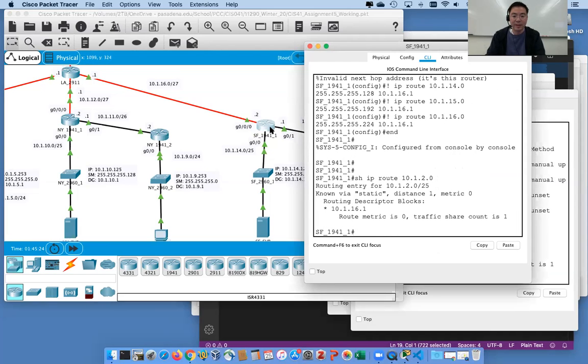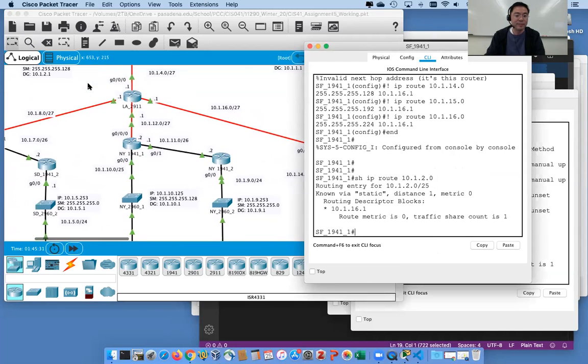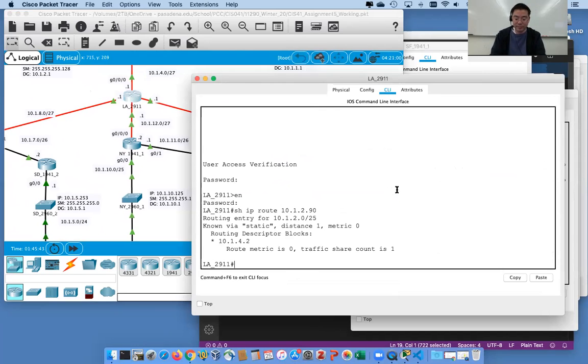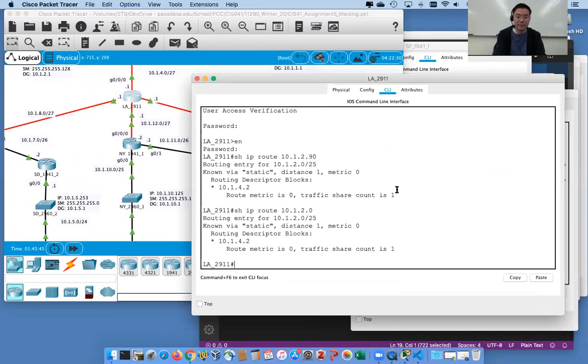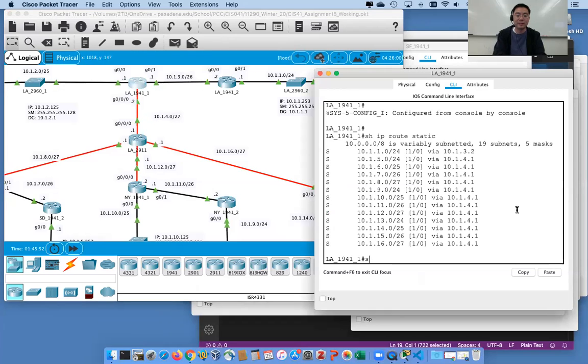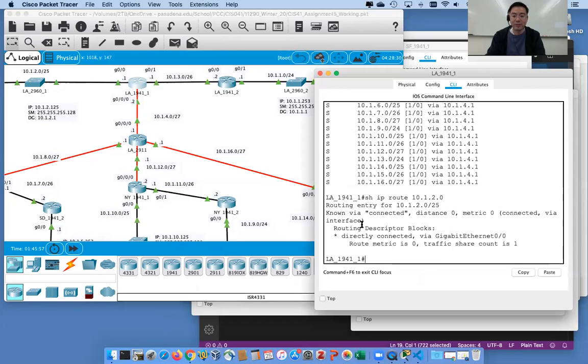Okay, this next hop is 10.1.16.1. Okay, then 10.1.4.2 is up here. This should be directly connected.